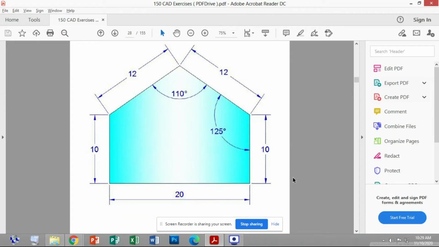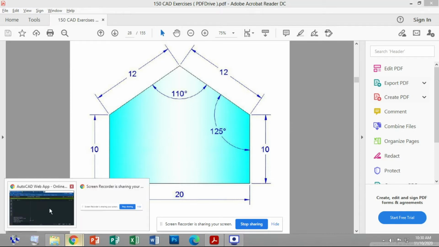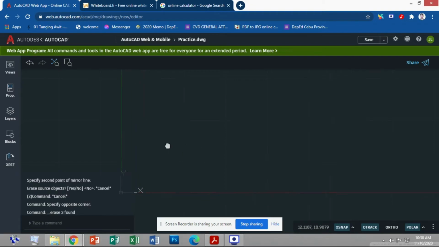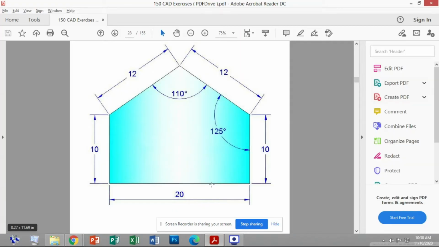So nakikita ninyo, parang hugis bahay. We have here the angles and also the length of the sides. So idodraw natin ito dito sa ating web AutoCAD. Okay. So, first, tingnan natin.